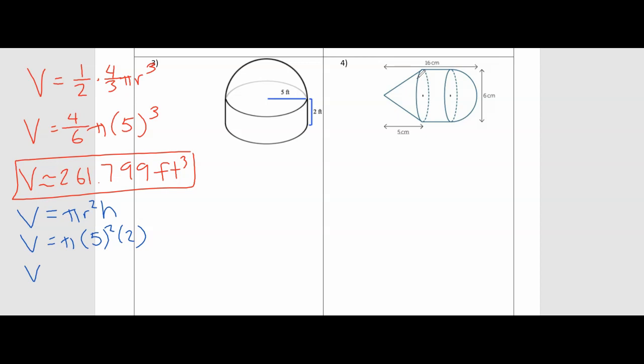If I punch that into a calculator, that gives me approximately 157.080 if I go to 3 decimal places.